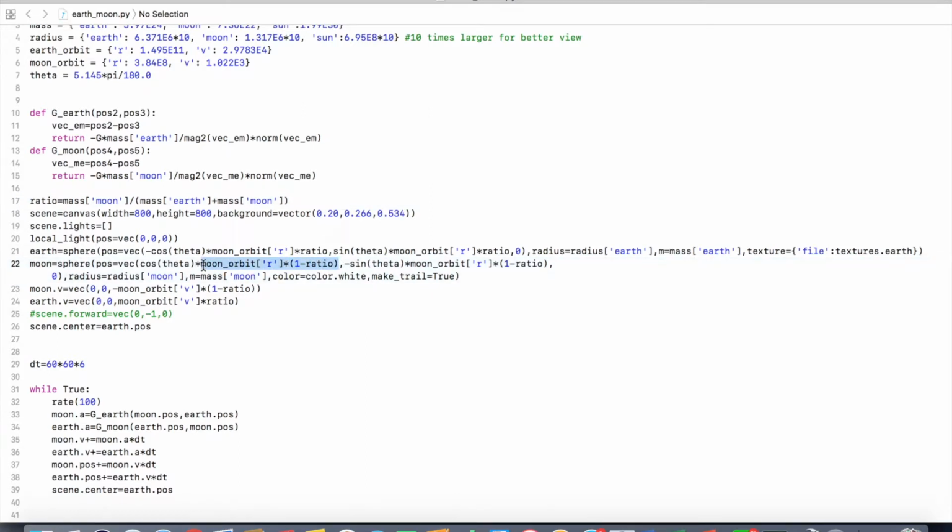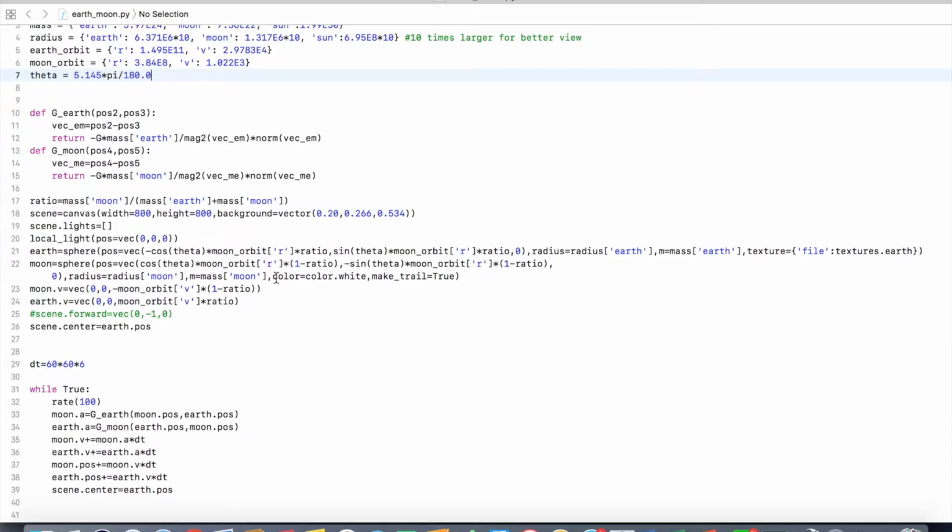So this is the first thing, and the second thing is that when the Moon revolves around the Earth, they don't do it in a 2D plane. It's not flat. It actually revolves with an angle theta. So theta is right here.